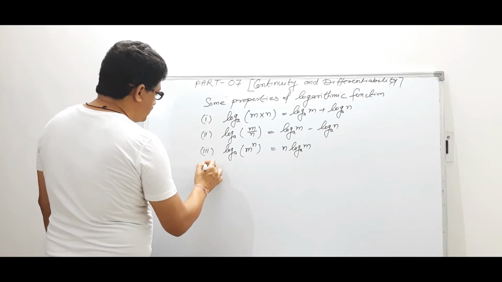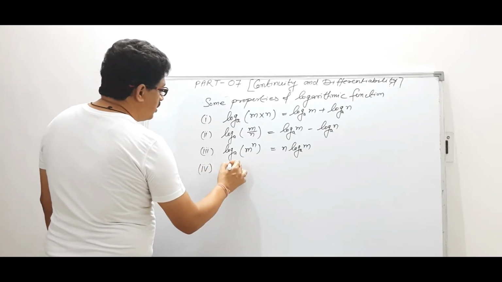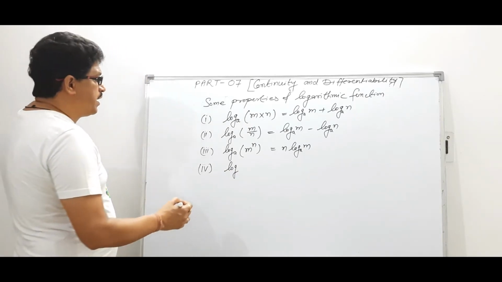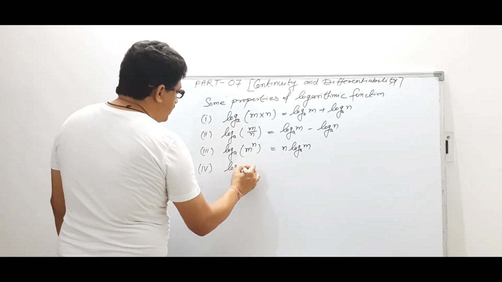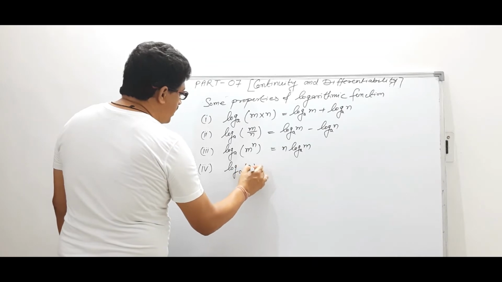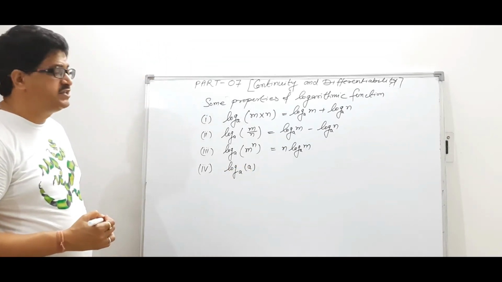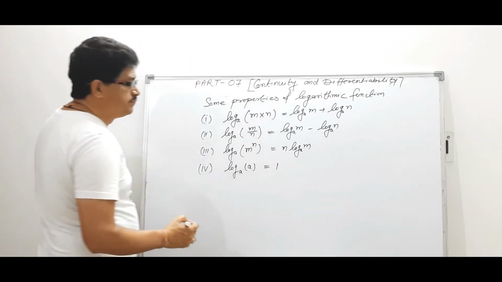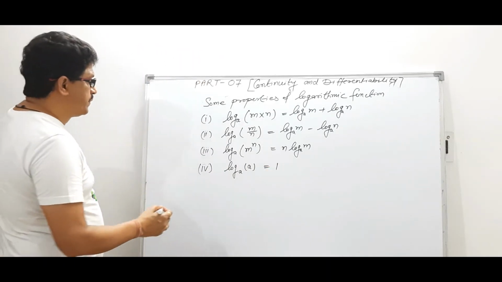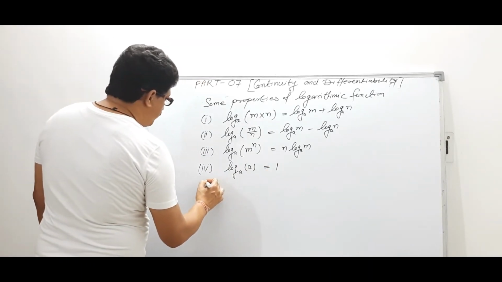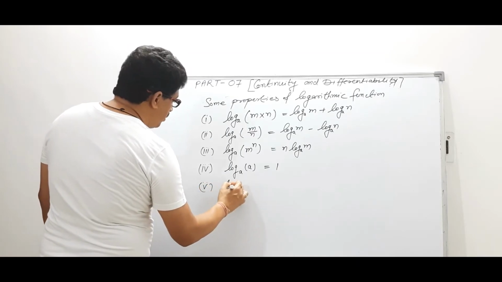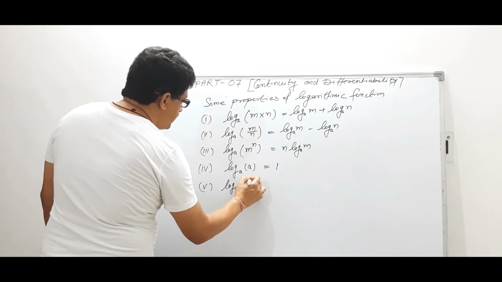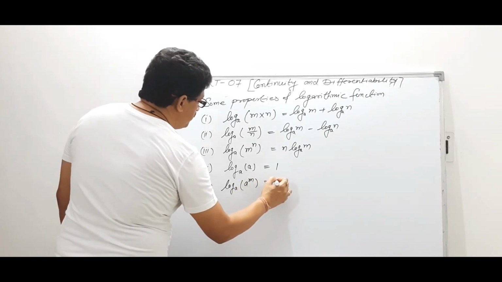Fourth, log a of a: if we have a and this is also a, base and number are the same, then the value is 1. Fifth, log a of a raised to m, value is m.